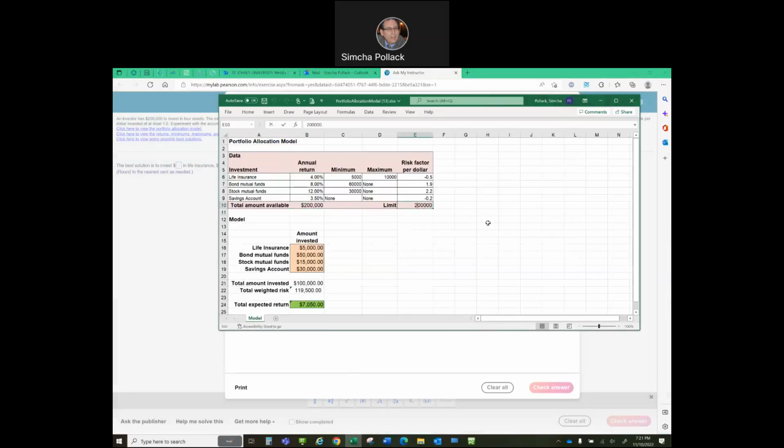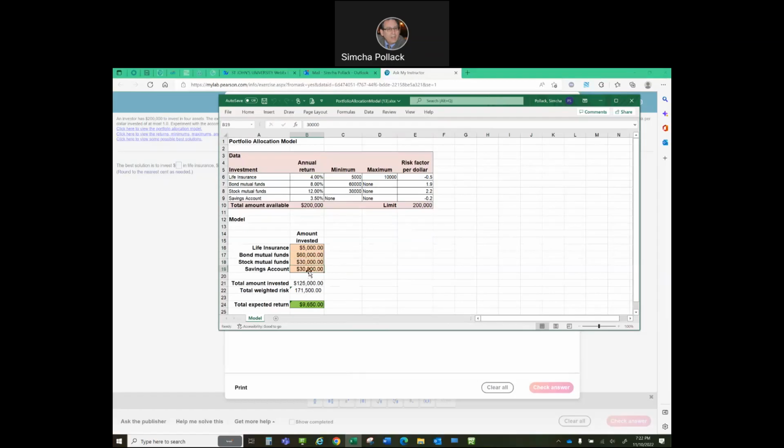This is $200,000. And this amount invested has a minimum of 5,000, so we have to put a 5,000 here, a minimum of 60,000, so we have to put at least 60,000 invested in this part of the portfolio, and a minimum of 30,000 for stocks. This changes to 30,000.